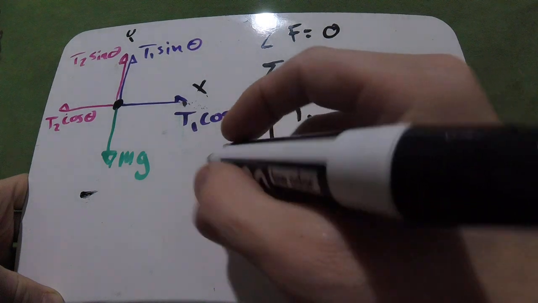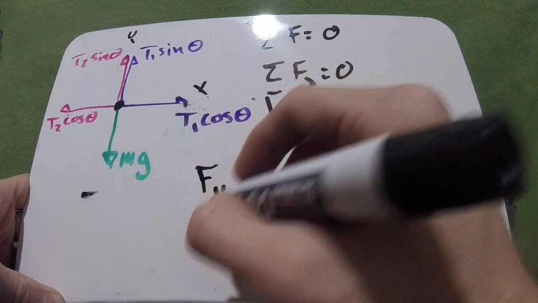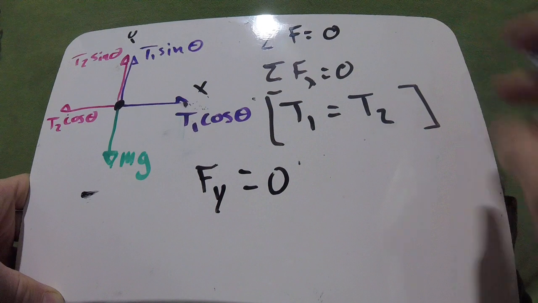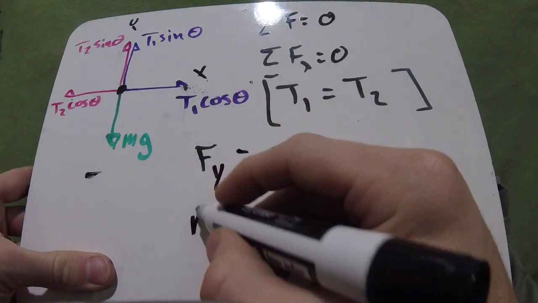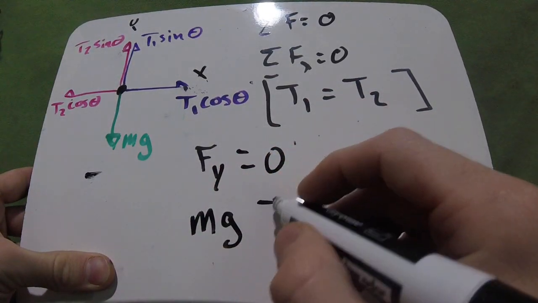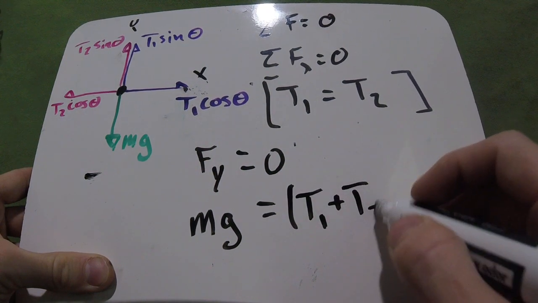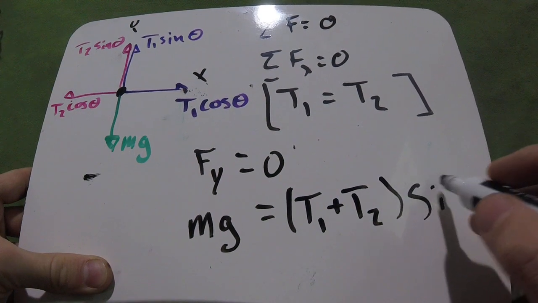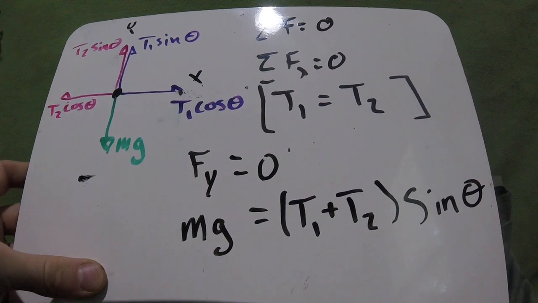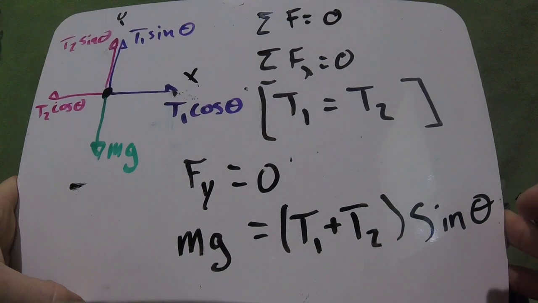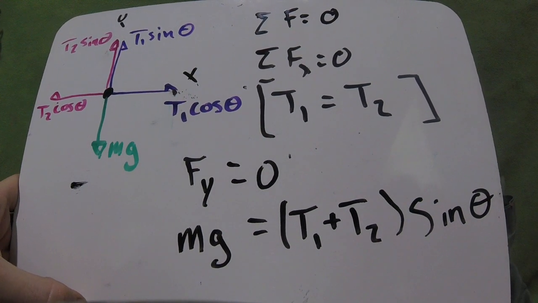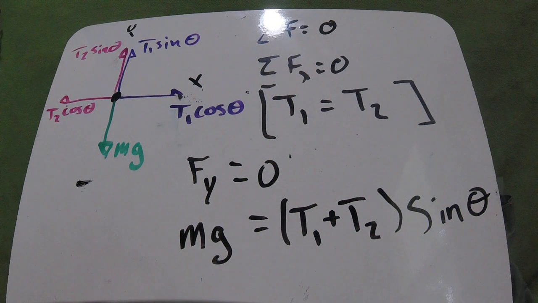Our second equation was that the sum of the forces in the y direction equals 0, and therefore our mass and gravity are equal to the sum of T1 plus T2 times the sine of the angle that they share. And this is how you set up a basic statics problem using force projections to simplify much more complex arrangements.